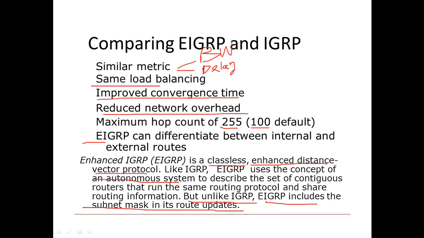So the only difference between IGRP and EIGRP is basically that it includes the subnet mask, which is very important information in the routing updates, that is, the routing table.